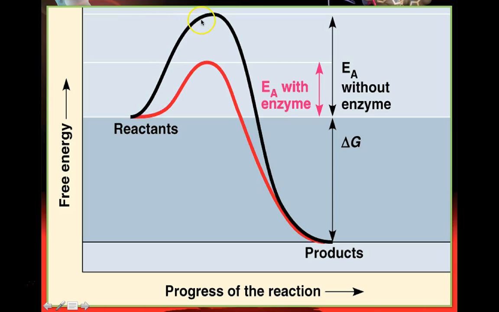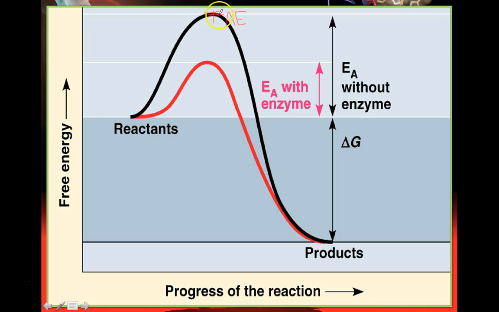This black line goes very, very high. And at this tip here, I'll make a little star up here, okay? This is what we call our point of activation energy. And I'm just going to put AE for short because this is really hard to write. Okay, so up here, this is our point of activation energy.